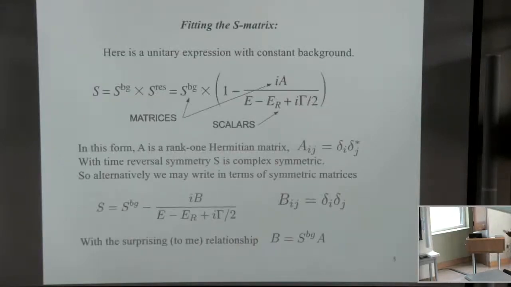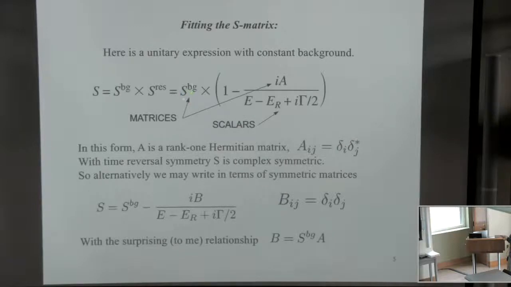Okay, now we do the calculation, we get an S matrix as a function of energy, and in order to extract the information for the angular dependencies, we fit it to a functional form. So here's one such functional form. This is guaranteed to be unitary, this form right here.